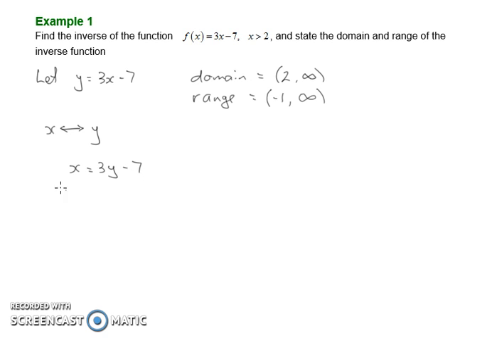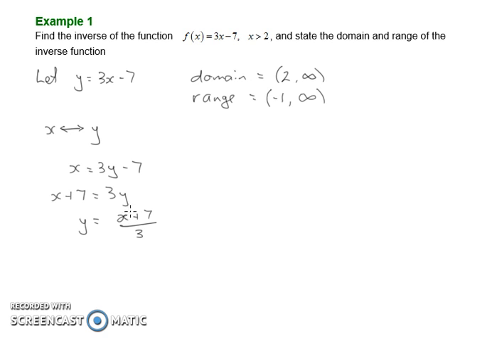So we're going to add 7 to both sides, so we'll have x plus 7 on the left is equal to 3y, and we need y by itself, so we'll divide by the 3. So y will equal x plus 7 divided by 3.